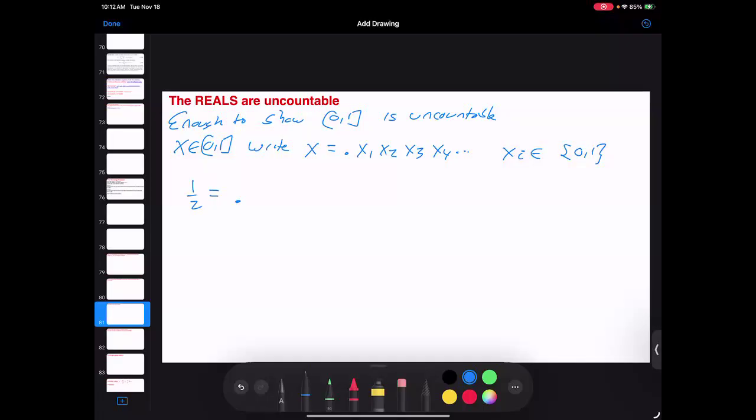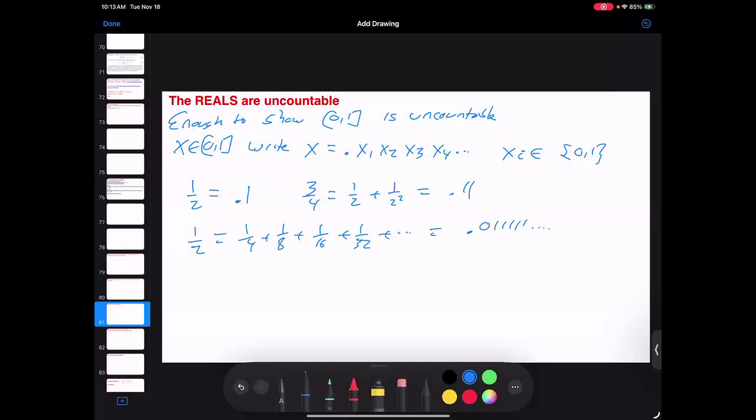It's 0.1. 0.1 just means I have 1 in the 1/2 spot. What about 3/4? That would be 1/2 plus 1/2 squared, so 0.11. Unfortunately, 1/2 also equals 1/4 plus 1/8 plus 1/16 plus 1/32 plus dot, dot, dot. So it's 0.01111 dot, dot, dot. So we actually don't have unique representations.